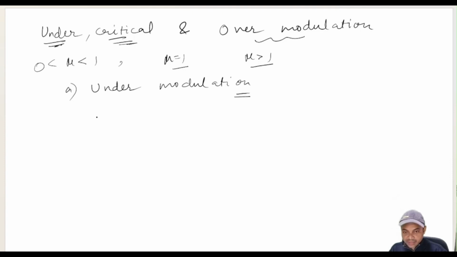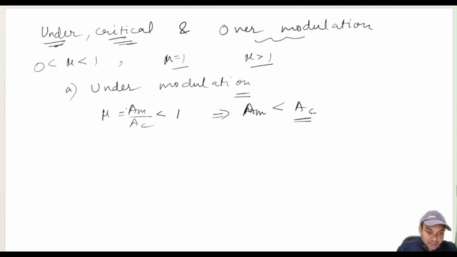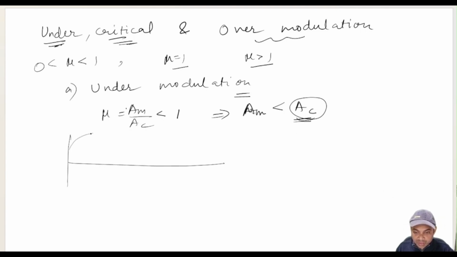Under modulation, that means mu is equal to AM by AC, that is less than 1. It means AM is always less than AC. We are not increasing the message signal amplitude beyond the maximum amplitude of the carrier signal. At that time our graph will be like that. This is the envelope and this is our AM modulated signal.